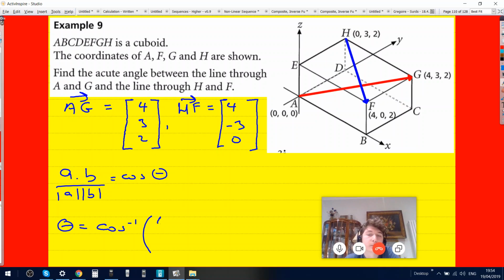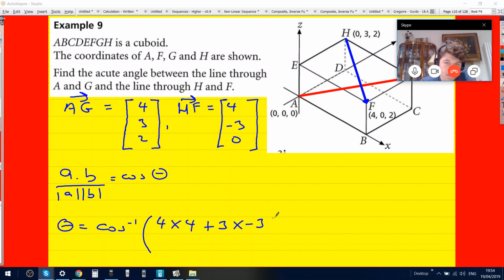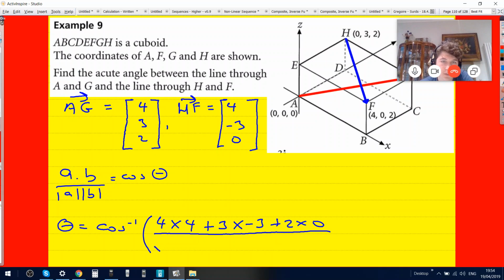So 7 over the square root of 4 squared plus 3 squared plus 2 squared, multiplied by the square root of 4 squared plus 3 squared and 0 squared. And I get 75 degrees.